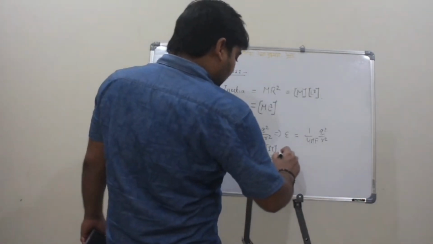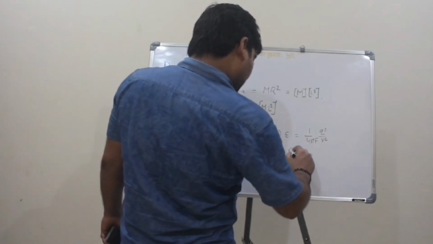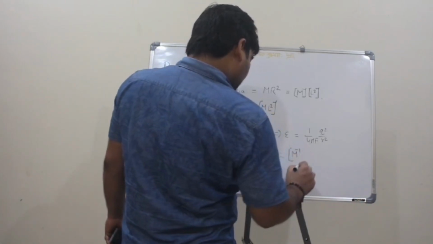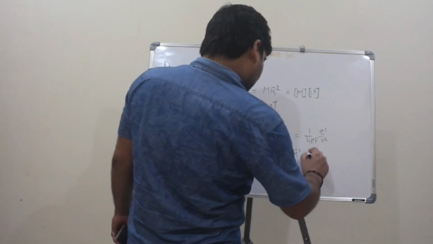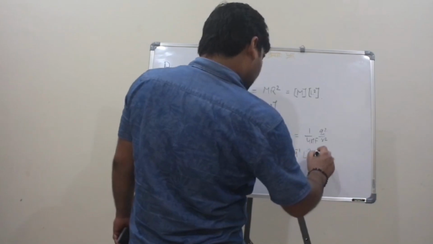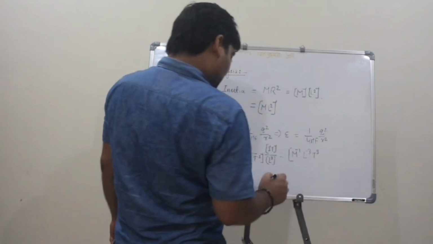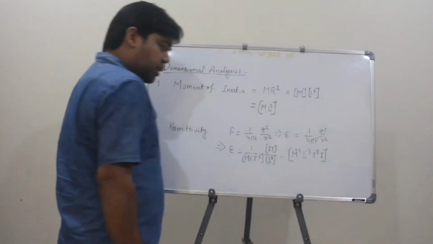So permittivity will have a dimension of M inverse L to the power minus 3 T cube into I. Let us check it again.